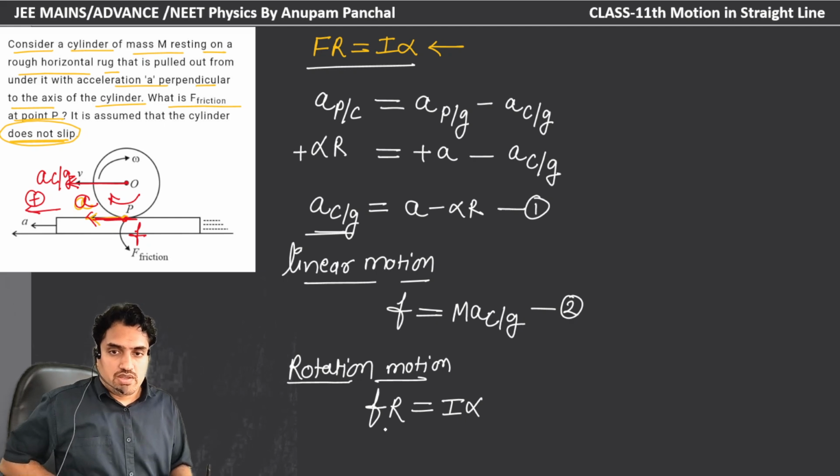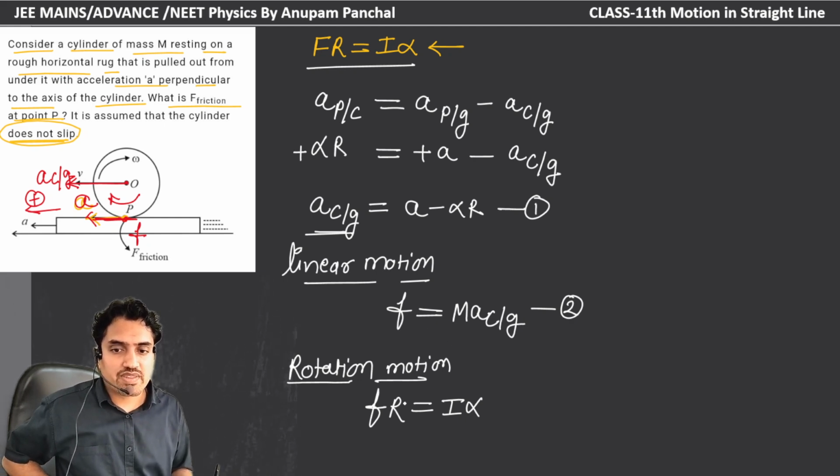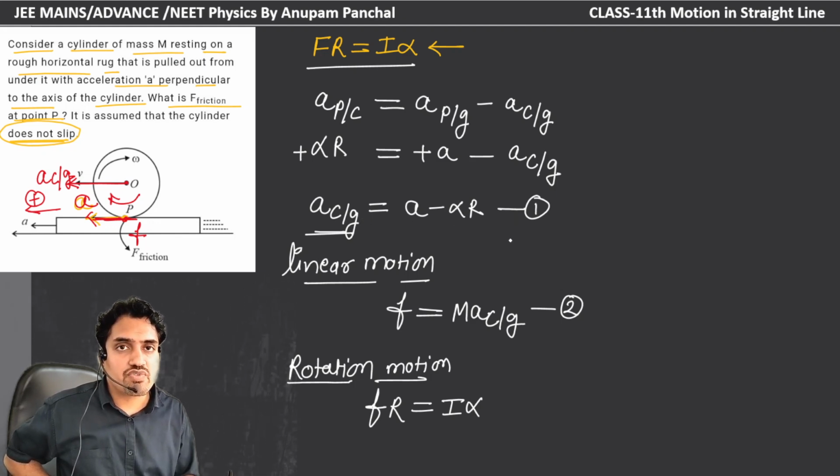First we will replace equation 1 in equation 2, and from equation 1 we put the value of the acceleration of the center of mass with respect to ground.